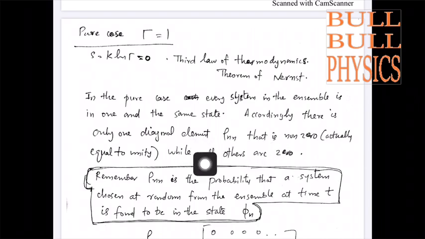So only one diagonal element, rho n, is non-zero, and that will be equal to unity because we know the total probability is equal to 1.